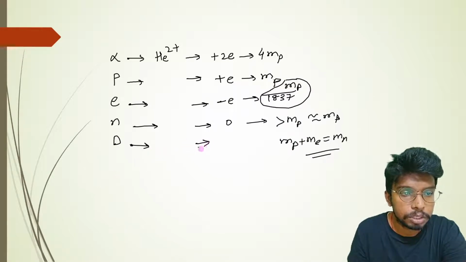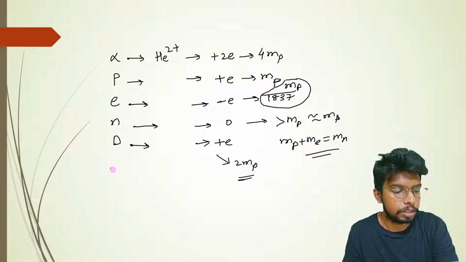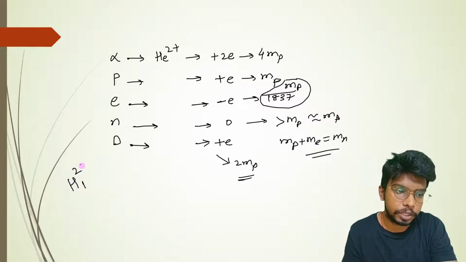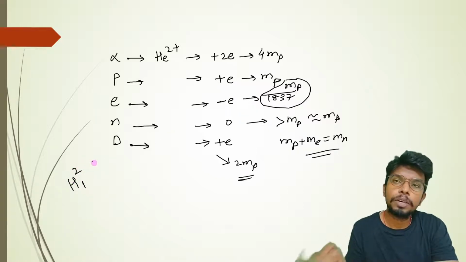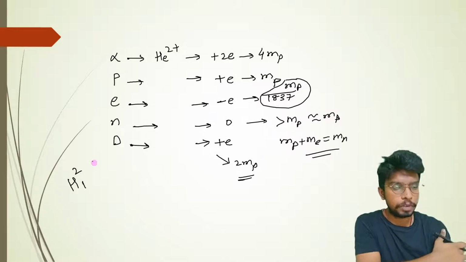So the charge is still plus e, but the mass is 2 times the mass of proton. Deuteron is basically hydrogen to which one neutron gets added. So one proton and one neutron will be there, so 2 times the mass of proton approximately, and charge will be 1 only.